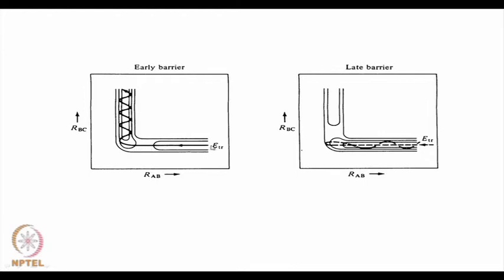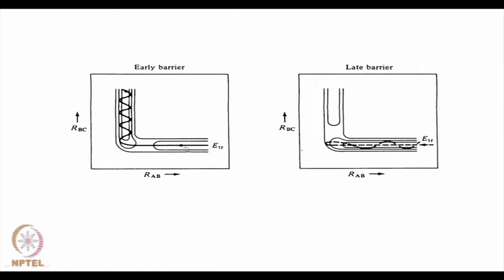If you think of absolute reaction rate theory, one of the vibrational modes is converted to a translational mode, and that is responsible for the passage from reactant to product.